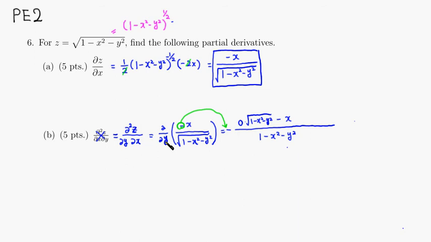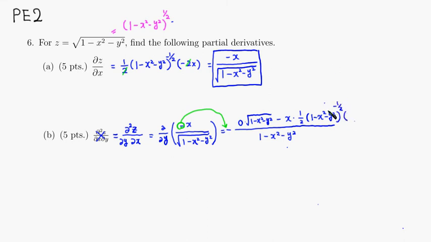The derivative of the bottom is very similar to this. Put 1/2 in front, keep the same quantity, 1 minus x squared minus y squared, to the negative 1/2 power.